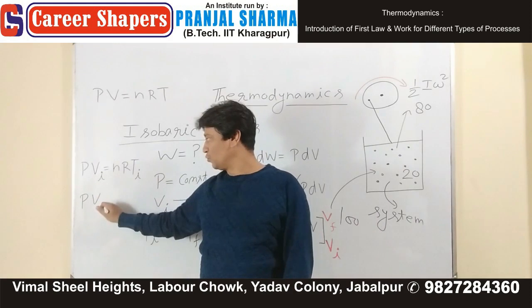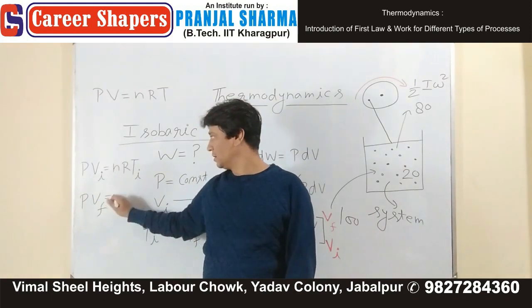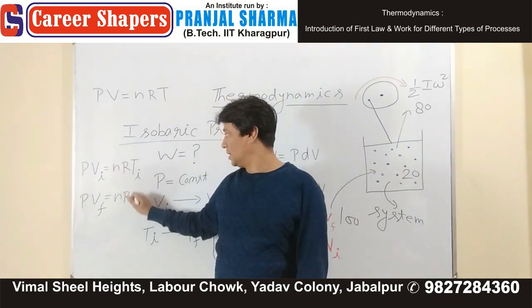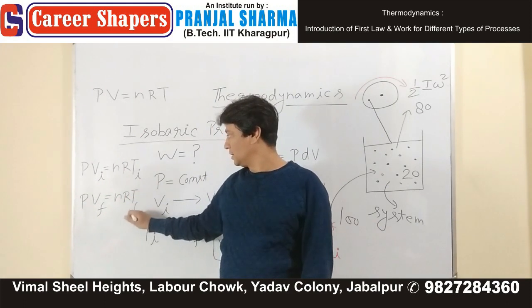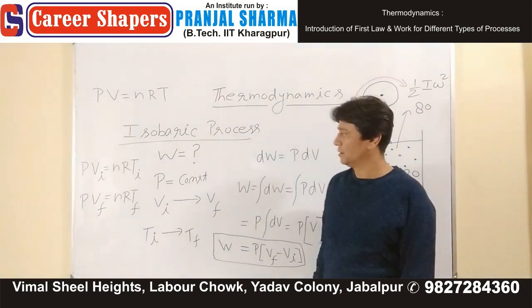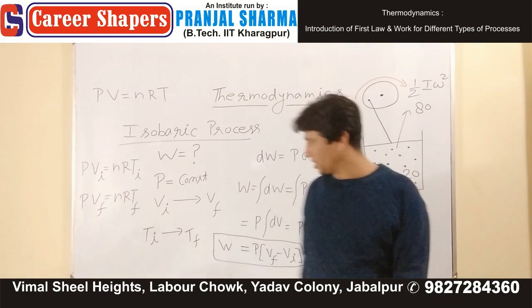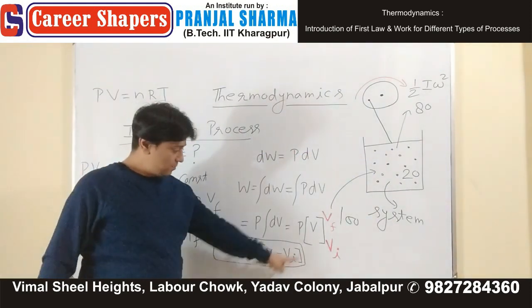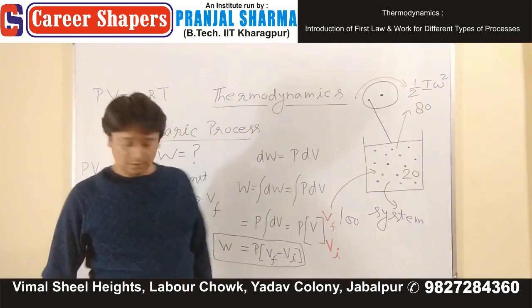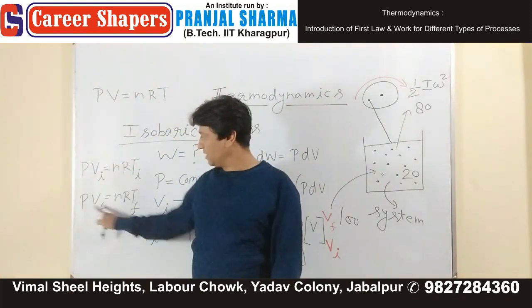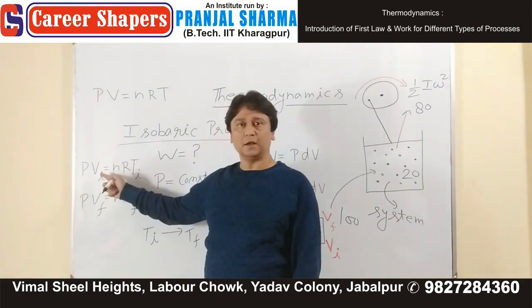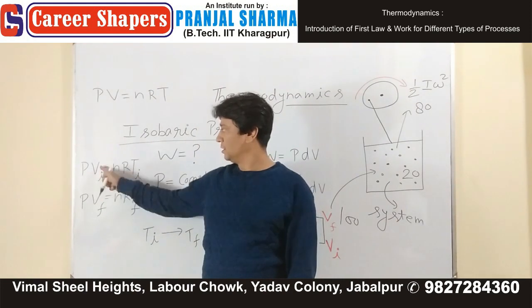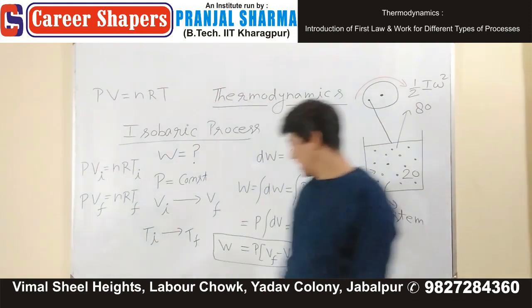Volume is V final and nRT final. And what did I ask you? I asked you for P V final minus P V initial. What is that?